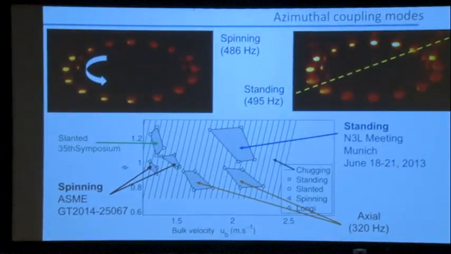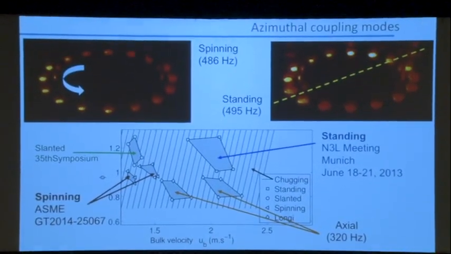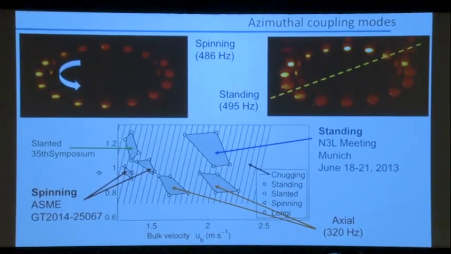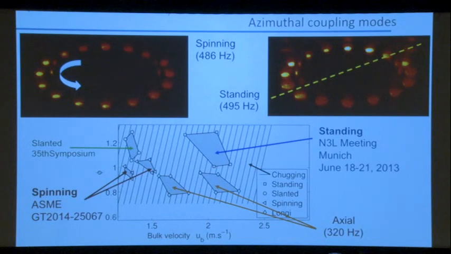So this is the spinning mode that goes like that, and that's the standing mode that is seen in this device. Now you see the injectors are these matrix injectors. And there are various areas. For example, here you get the standing mode. Here you have an axial mode. And here we have something unusual. It's a slanted mode. You will see how it looks.